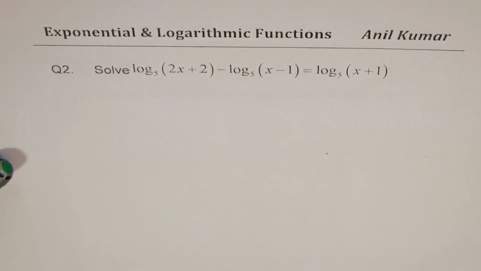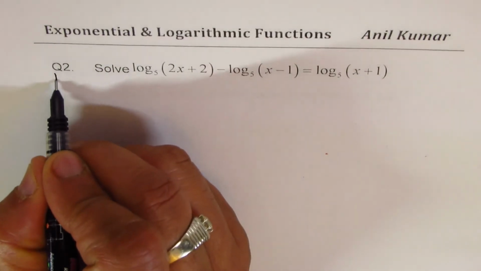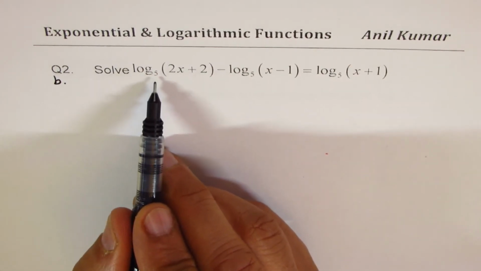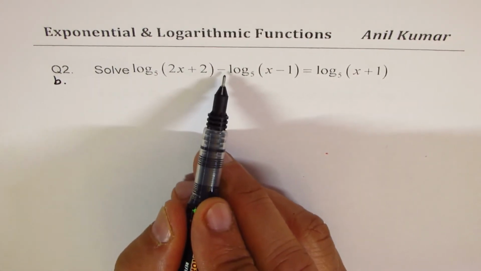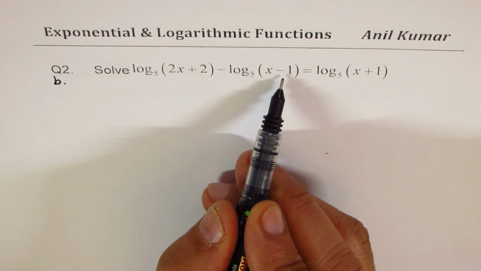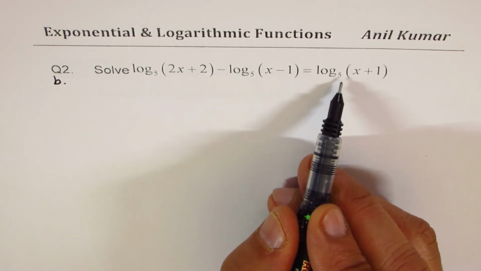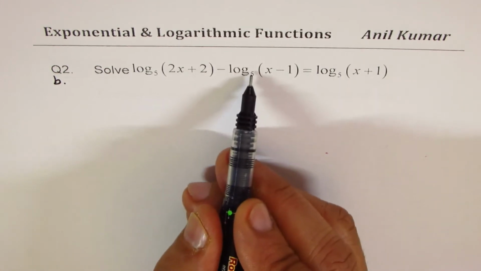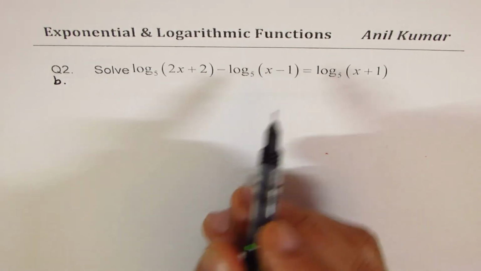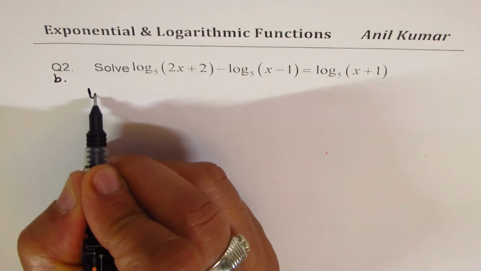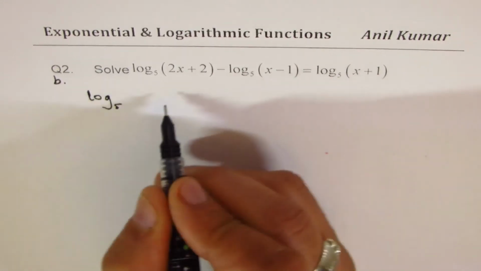Let's take part B of question number 2, which is log to the base 5 of 2x plus 2 minus log to the base 5 of x minus 1 equals log to the base 5 of x plus 1. So let's combine all these terms. What we basically get is, let me first rewrite everything on one side.